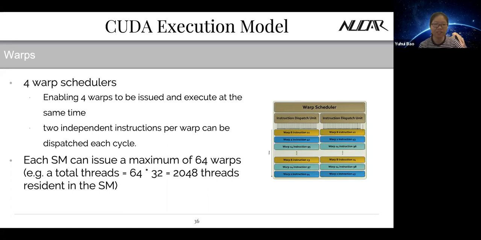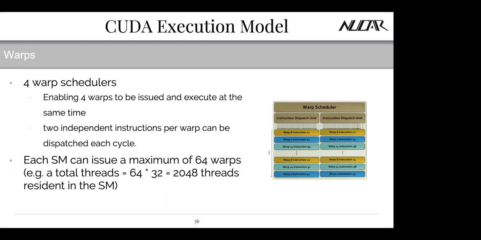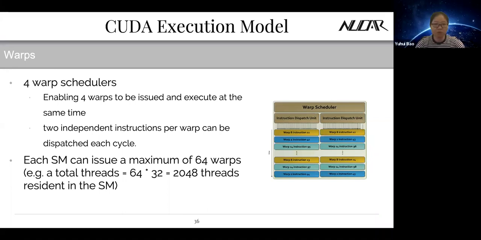They set a limit. If you code inside CUDA, you couldn't set the number of threads per block over 2048. So this is a hard limit in both software and hardware. I can't have more than 2048 threads per block. Okay, thank you. No problem.